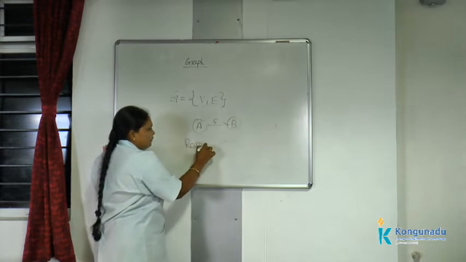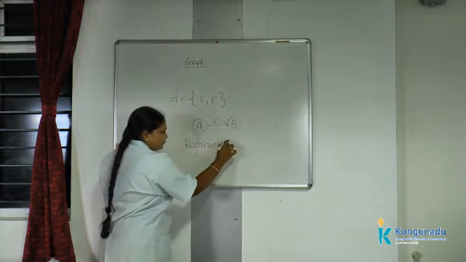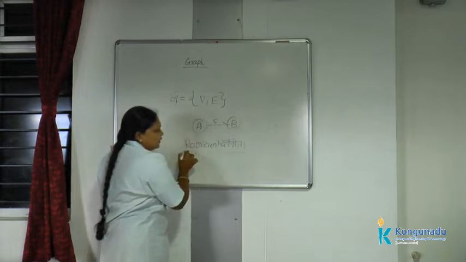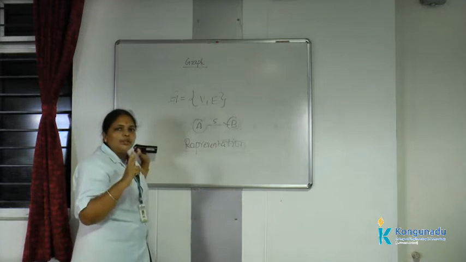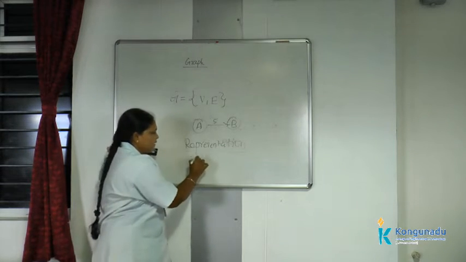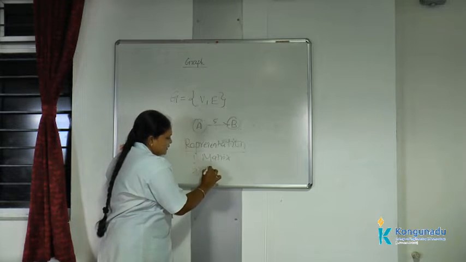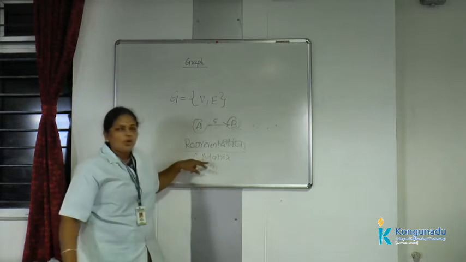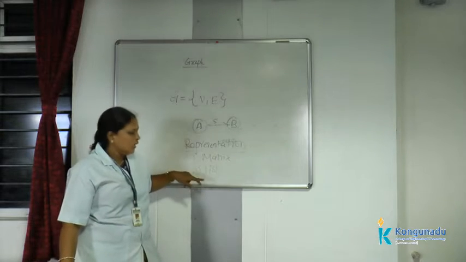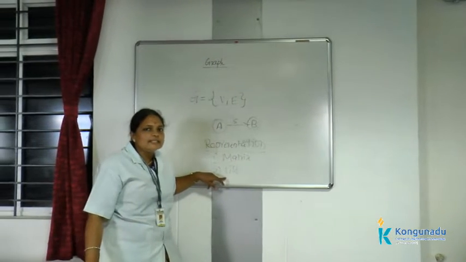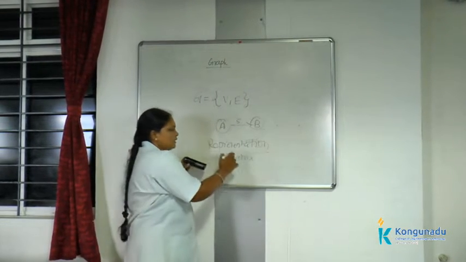What is the meaning of representation of graph? In this we have two different types of representation. One is matrix representation, another one is list representation. They are also called adjacency matrix representation and adjacency list representation. What is the meaning of matrix?